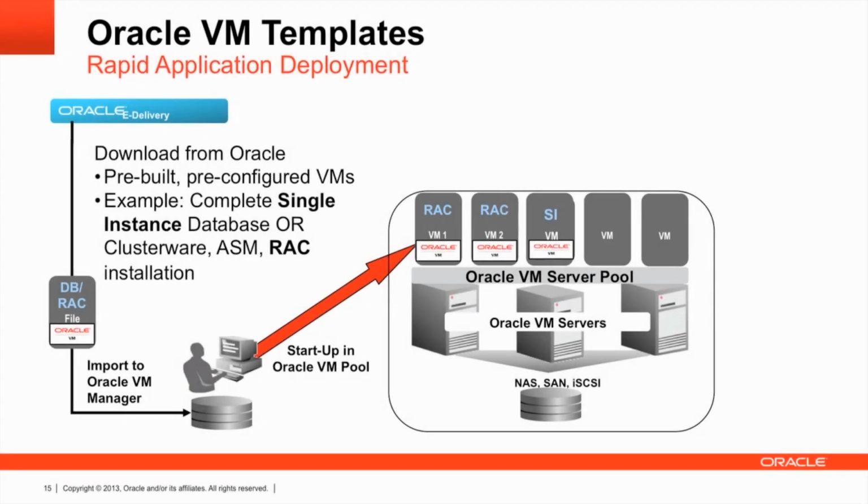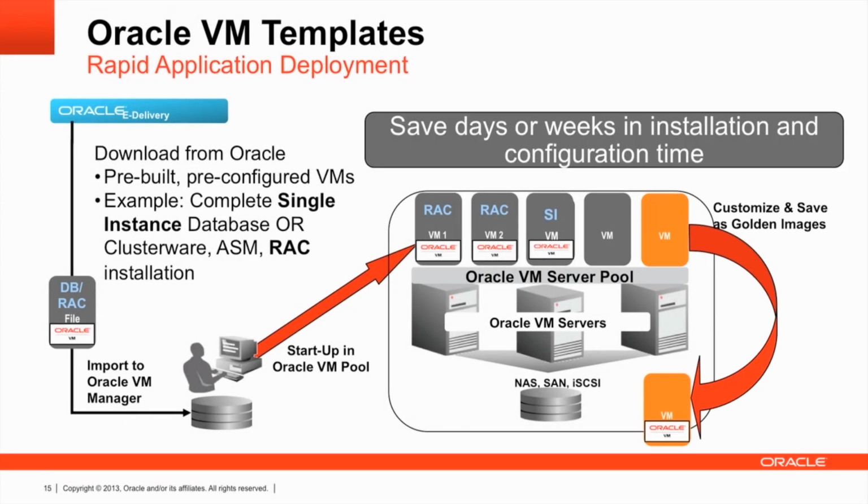So as mentioned earlier, there are a couple of mechanisms for enabling rapid application deployment. One is Oracle VM templates. And Oracle VM templates are pre-built, pre-configured VM images with the complete stack of applications in there.